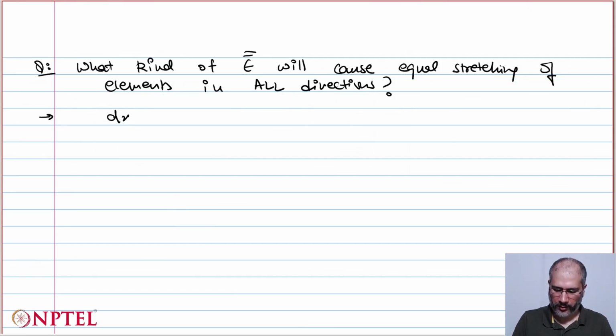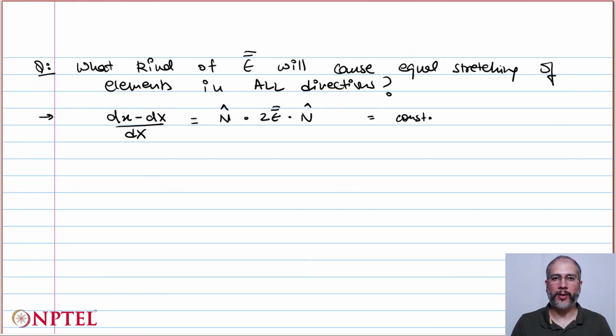Now we have defined stretching, or the longitudinal strain, as n hat dot twice epsilon dot n hat, where n hat is the direction where we have taken the dX vector. And we are saying that this is a constant irrespective of the n hat that you choose.